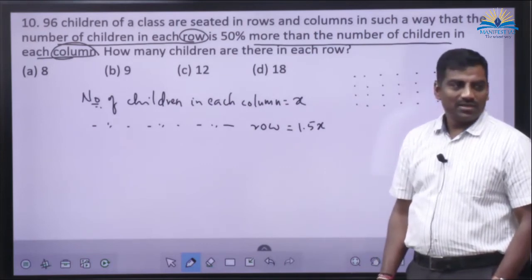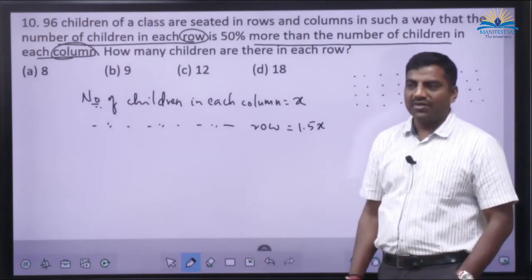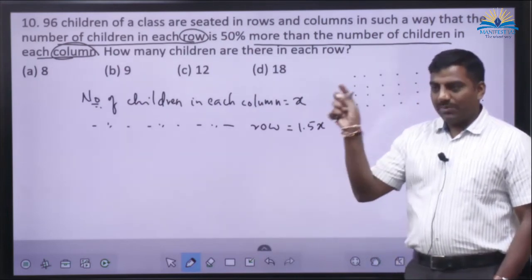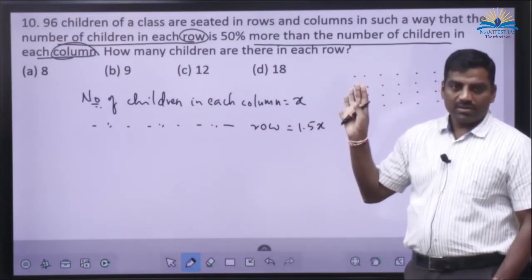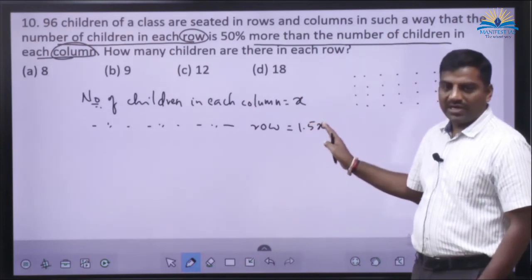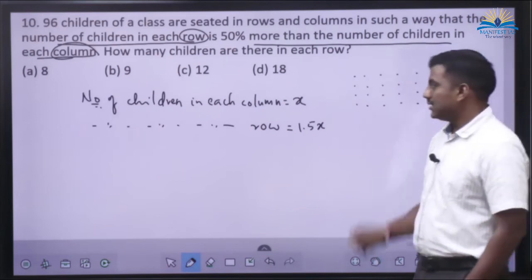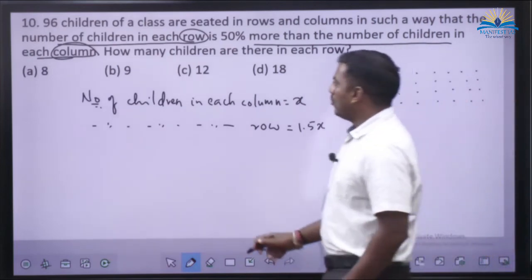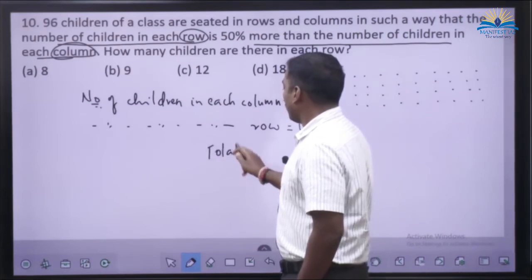Simple. That is why in the previous problem I told, let us drop the idea of writing so many percent plus the original. We would have written 150 by 100x, or I am writing 1.5x. Okay? 1.5x. Now, how do you find out the total?